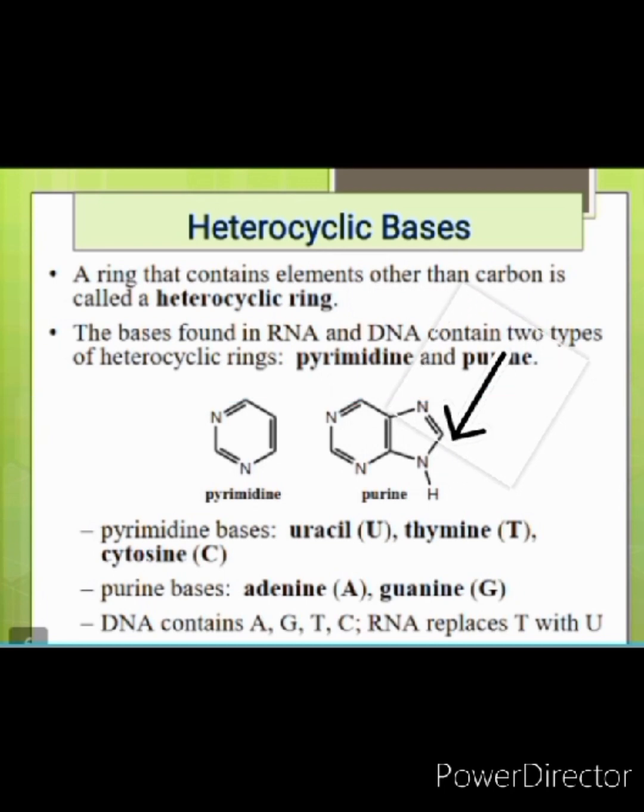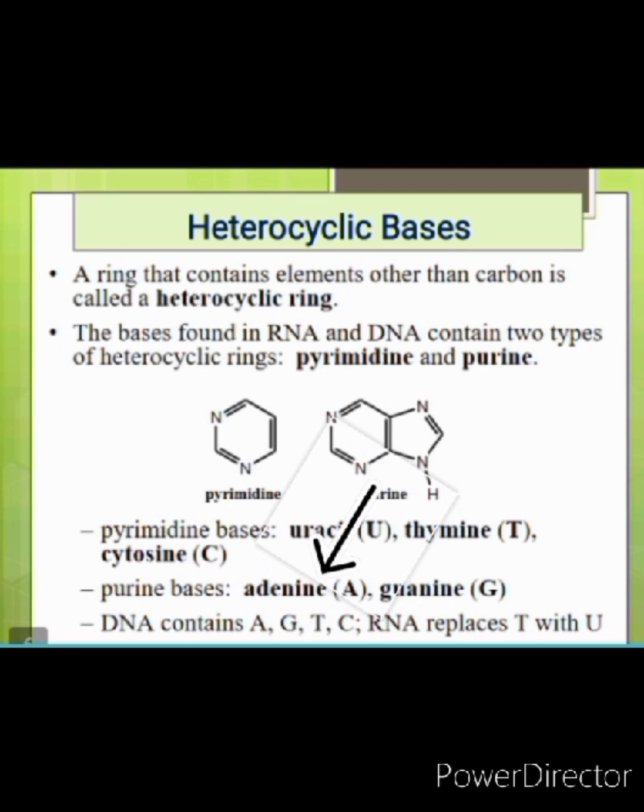In pyrimidine, we have uracil, thymine, and cytosine. In purine, we have adenine and guanine.